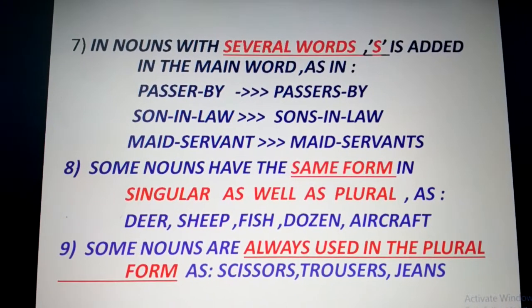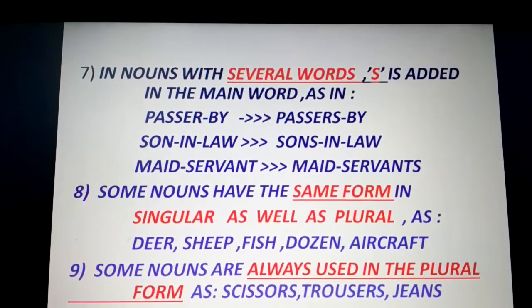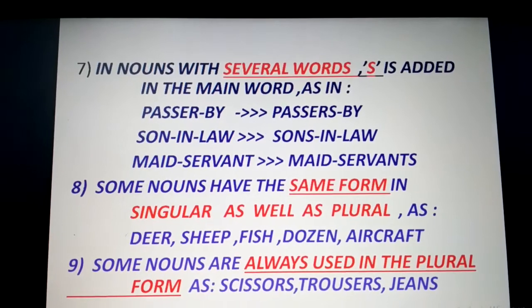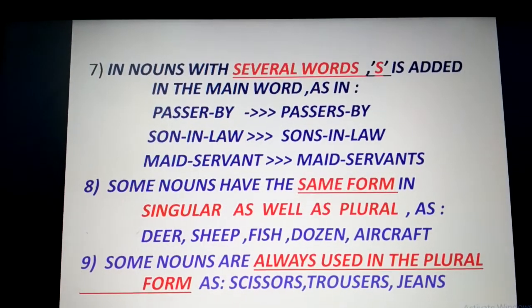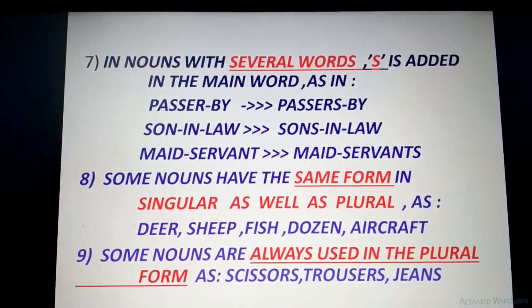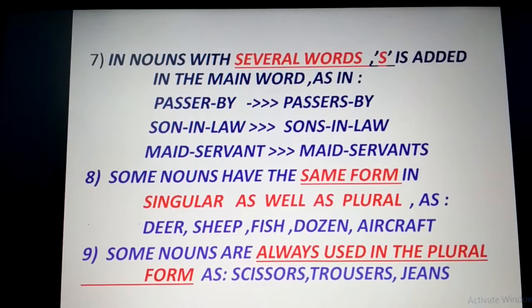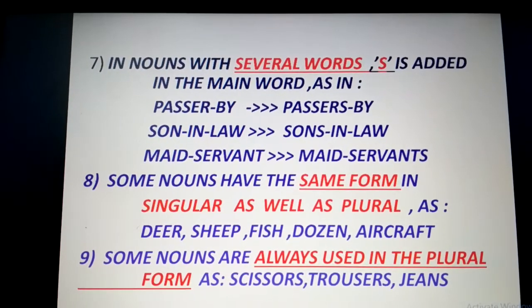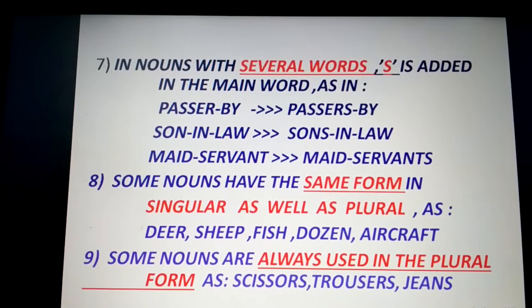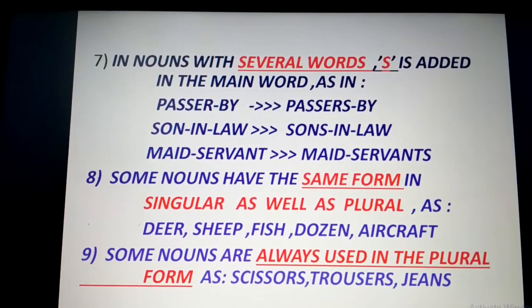They already have a letter s added in their spelling, so we call it the plural form of the spelling of the word. If we mention a singular, we say I have one pair of scissors, one pair of jeans.